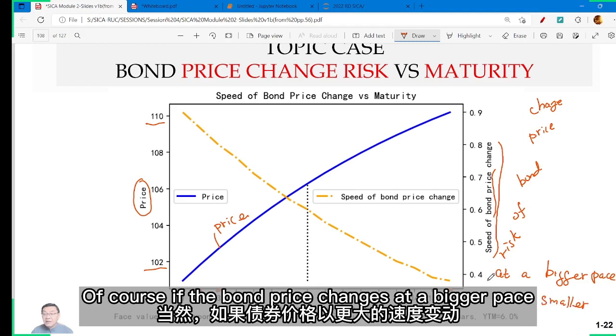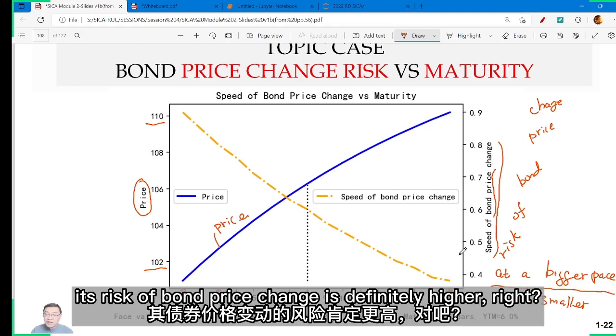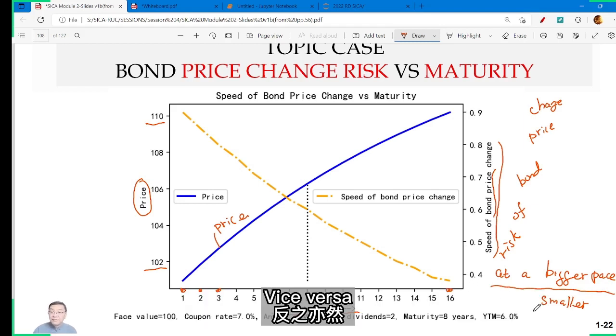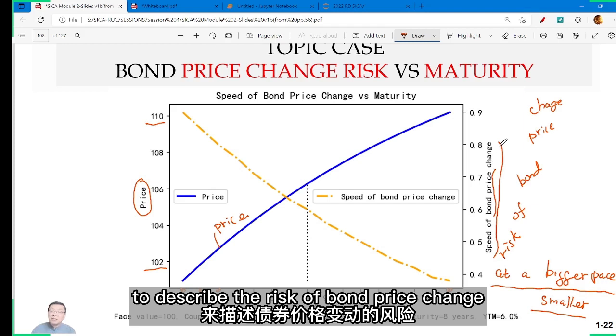Of course, if the bond price changes at a bigger pace, its risk of bond price change is definitely high, right? And vice versa. So we can use the speed of bond price changes to describe the risk of bond price change.